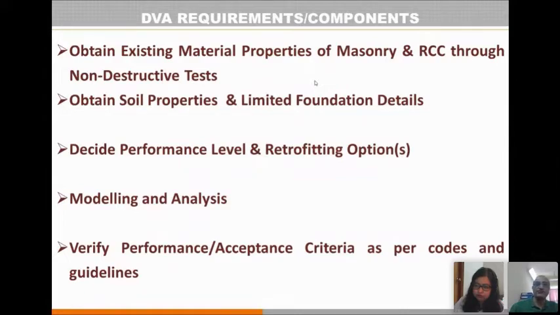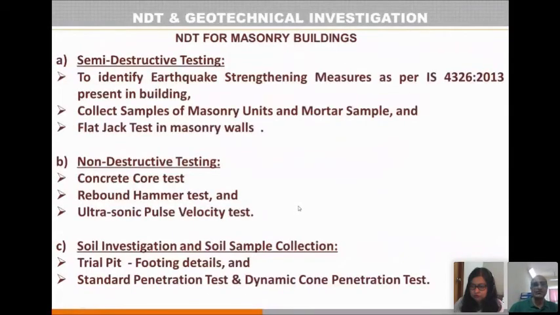If you have certain issues at the foundation level, you need to do certain trial pits and, if required, soil investigation also. Then decide the performance objective. In case of hospital buildings, it is immediate occupancy. In case of residential buildings, it may be life safety. Then the process of modeling and coding of various criteria is, as usual, to be done.